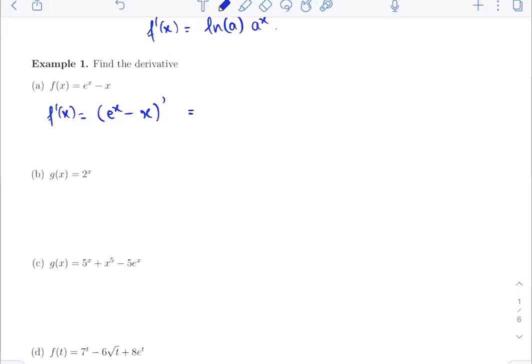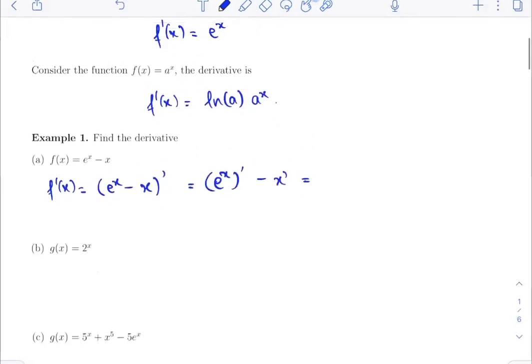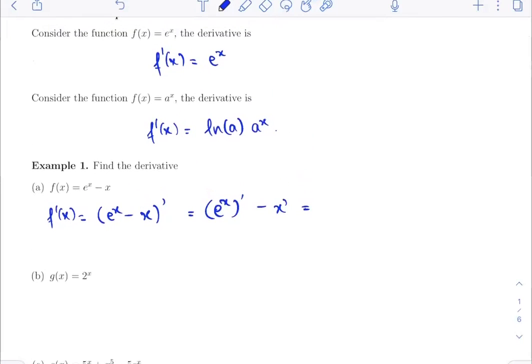So this derivative becomes (e to the x) prime minus x prime. As you can see from the formula, the derivative of e to the x is e to the x itself, and the derivative of x is just equal to 1. So I have minus 1.